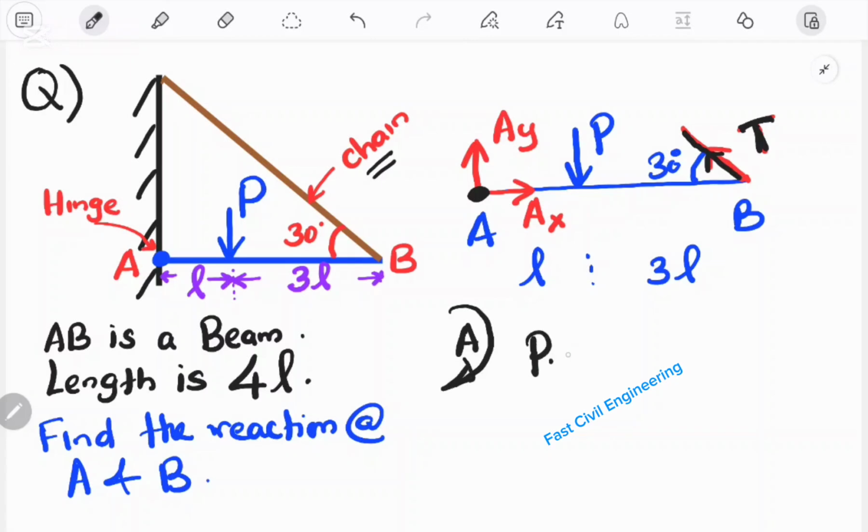P into L. In T, we have two parts. This part T cos 30, this part T sin 30.